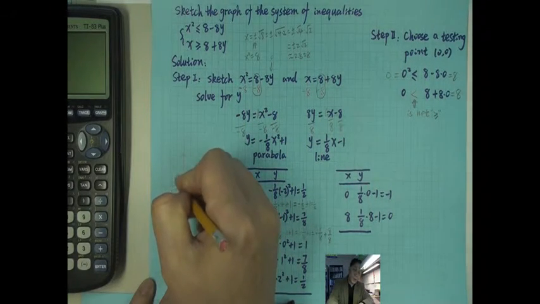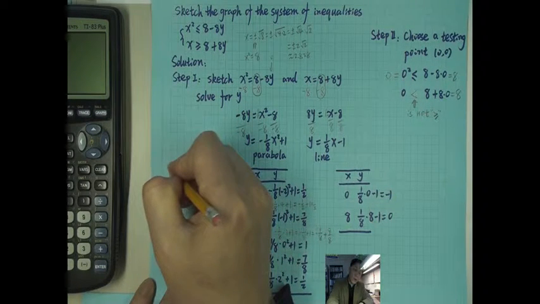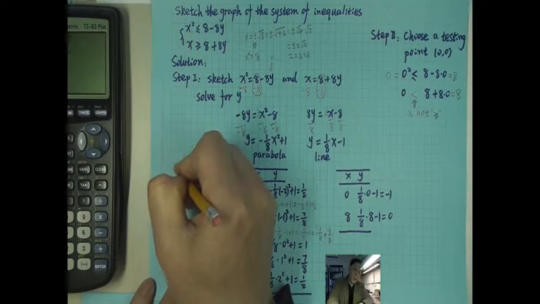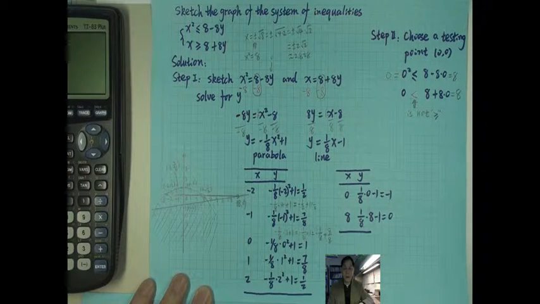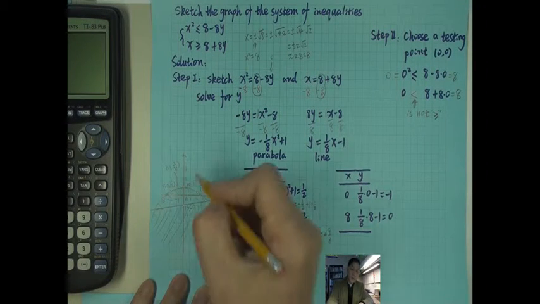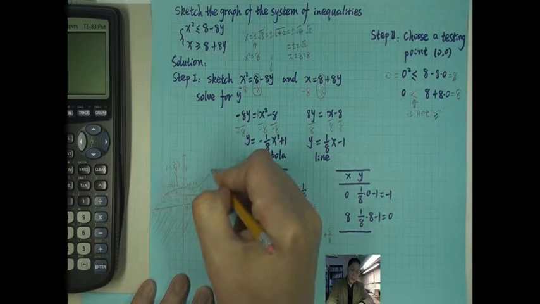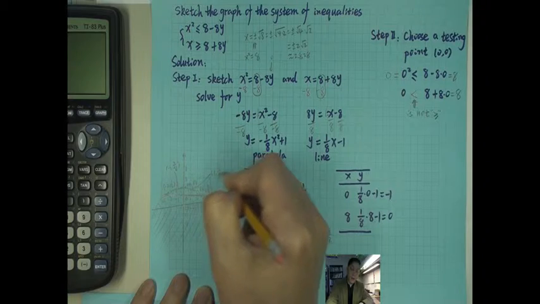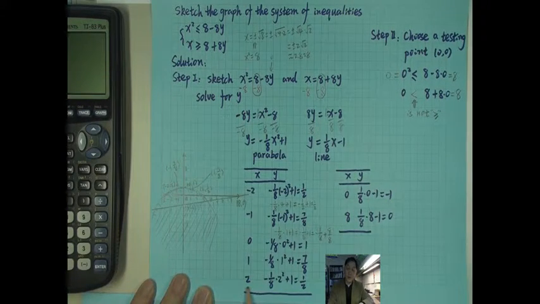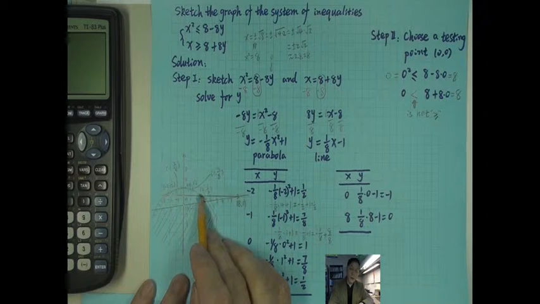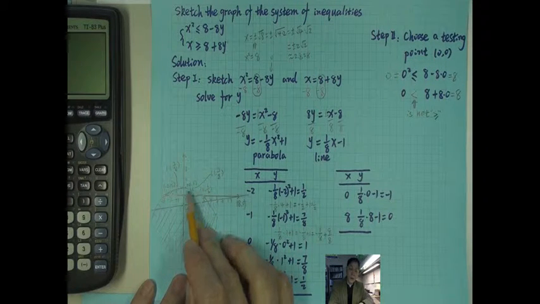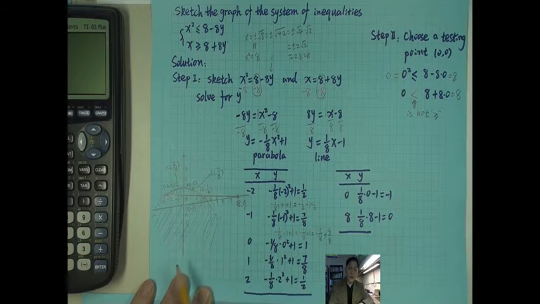So this point. And x is 0, y is 1. So (0, 1) is right here. Then x is 1, y is 7/8. That's the point right here. And x is 2, you have 1/2 right here. X is 2, y is 1/2, because from here to here is 1.